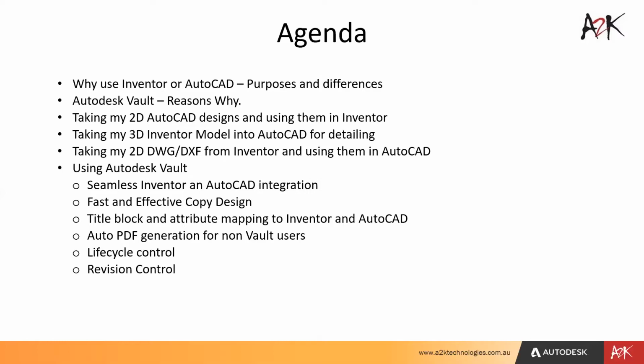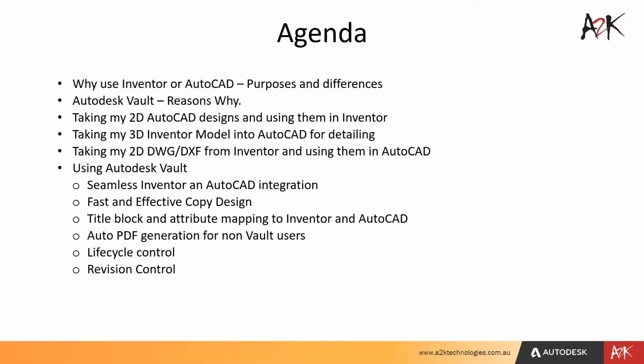Then taking your Inventor 3D assembly model directly from Inventor into AutoCAD for detailing, and the reasons why you would want to do that. There's a number of different reasons why we'd still want to use AutoCAD for our detailing. And then taking a DXF from Inventor, from like a sheet metal flat pattern or something along those lines, and then taking it over to AutoCAD. That's a pretty short and basic workflow.